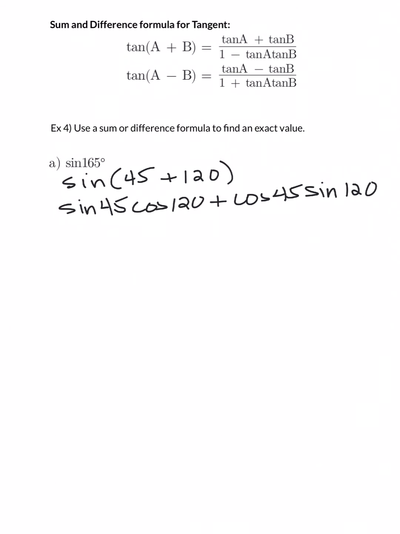Now go to your unit circle. The sine of 45 degrees is the square root of 2 over 2. The cosine of 120 is negative 1/2, plus the cosine of 45 degrees is square root of 2 over 2, and the sine of 120 is the square root of 3 over 2.